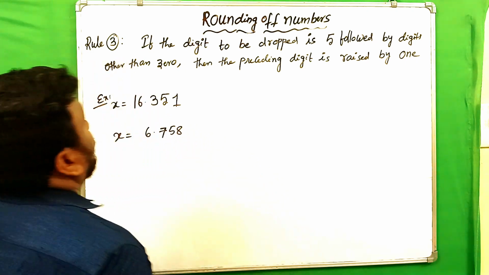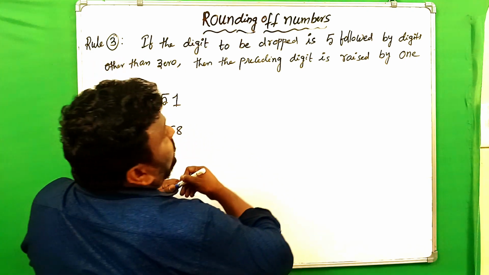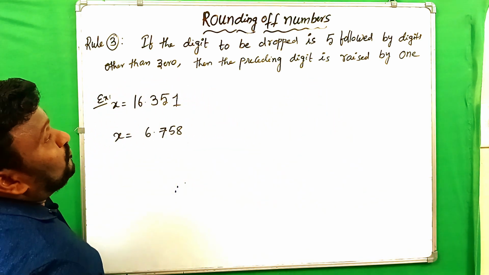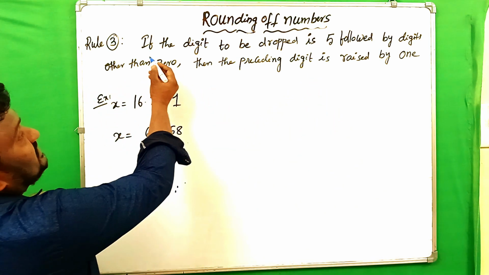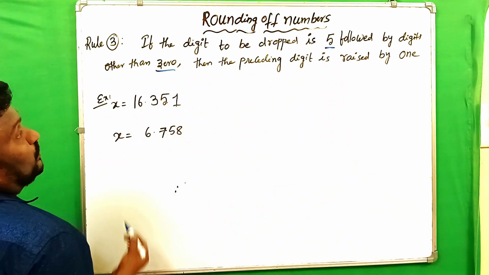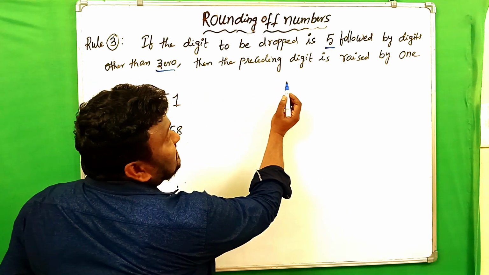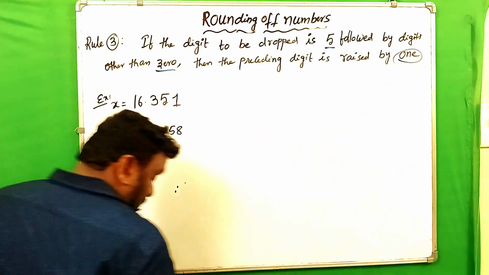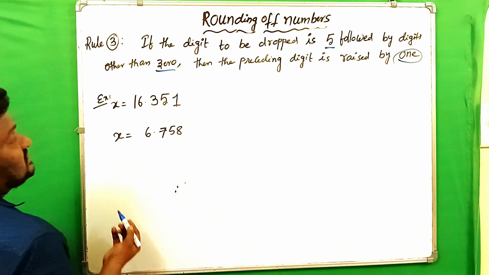If the digit to be dropped is 5 followed by digits other than 0, then the preceding digit is raised by 1. Clear? So some examples are given here.